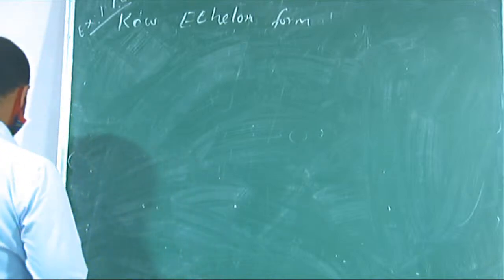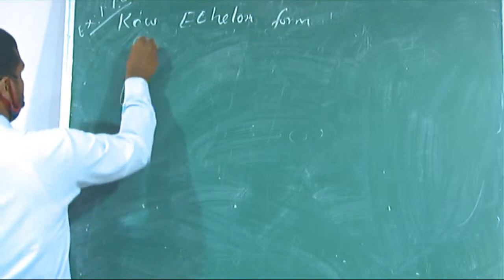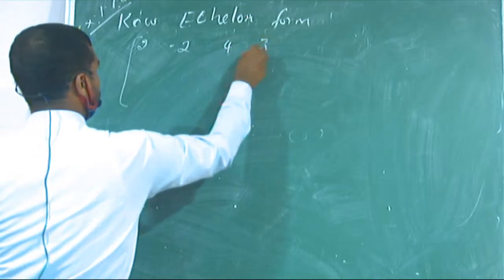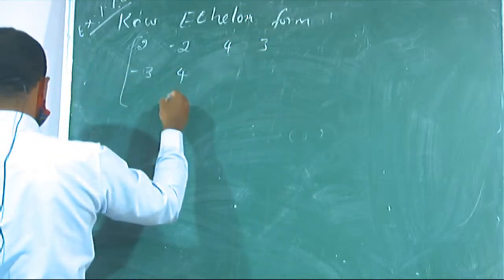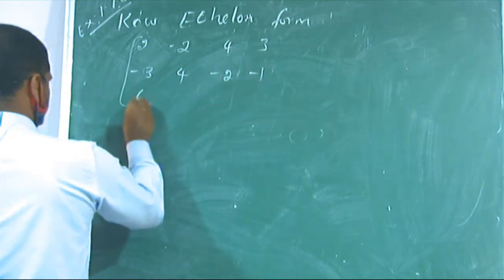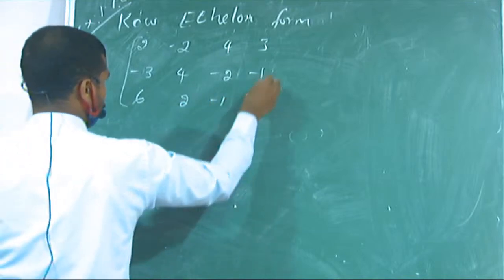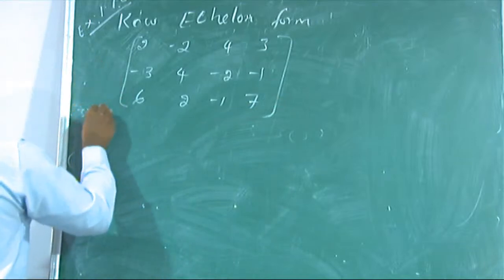Question, 3 rows and 4 columns: 2, minus 2, 4, 3; minus 3, 4, minus 2, minus 1; 6, 2, minus 1, 7. Okay, there is actually 3 rows and 4 columns.